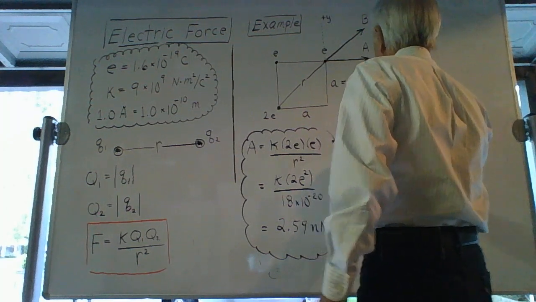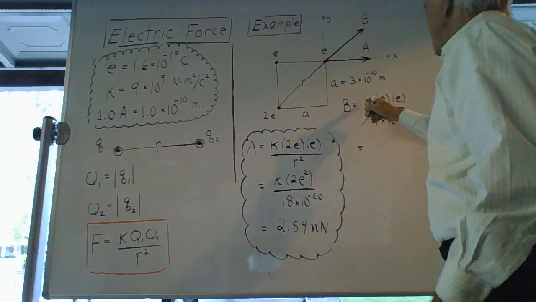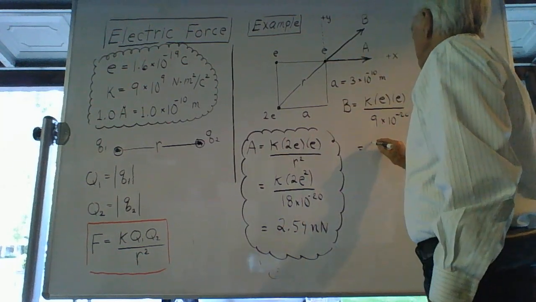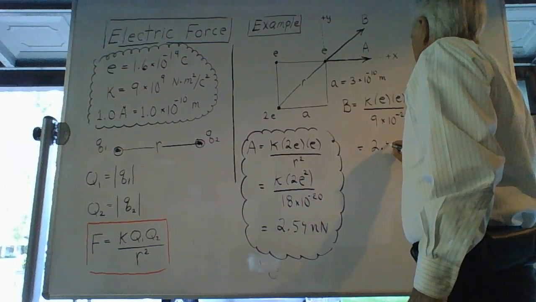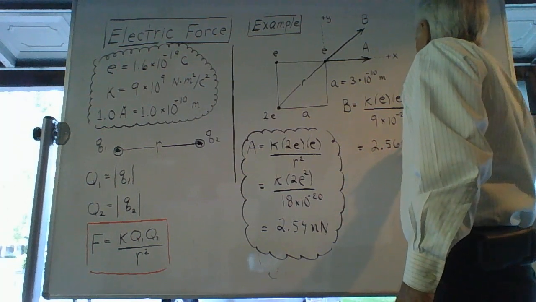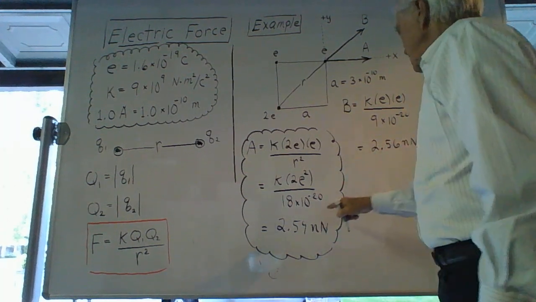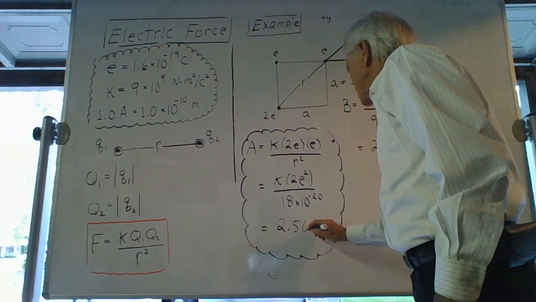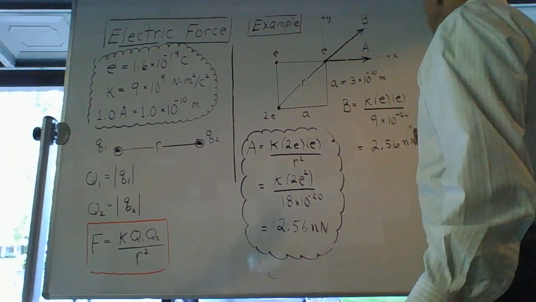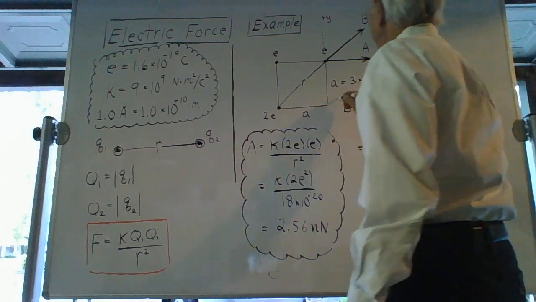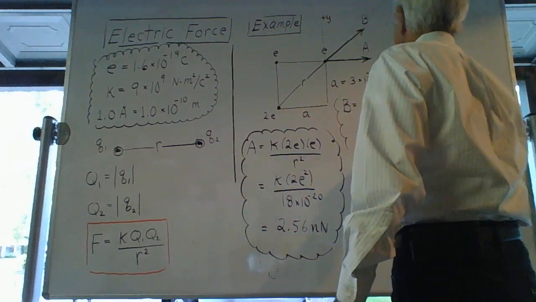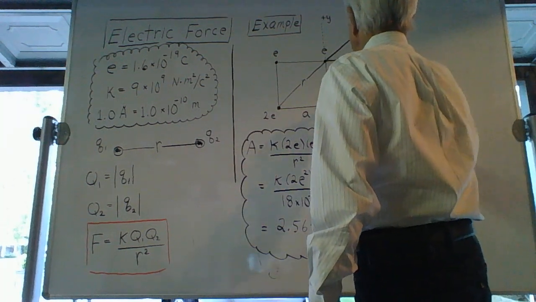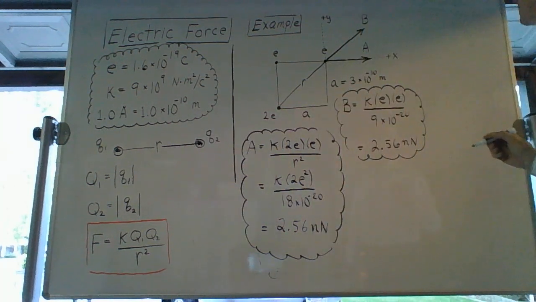When one substitutes in for the values of k and e, you get 2.56 nanonewtons. This is a typo here. This should be 2.56. Numbers are the same, coincidentally. Let's not make a big deal out of the fact that the numbers are the same. No meaning whatsoever. Excuse me.